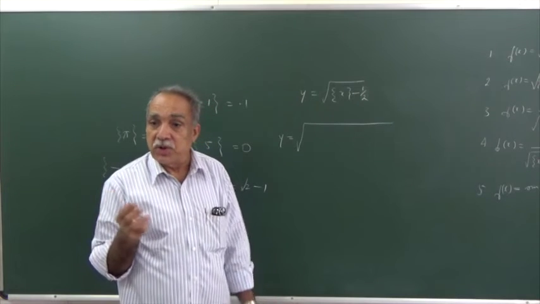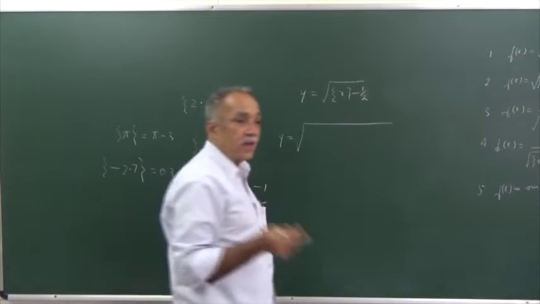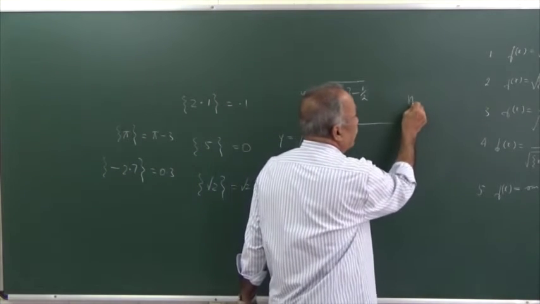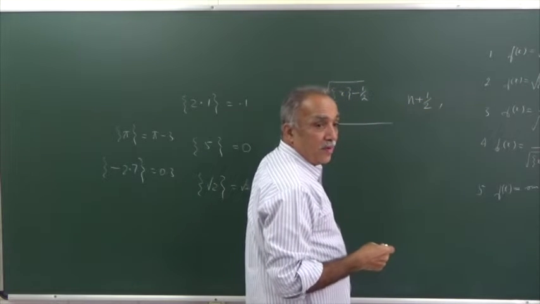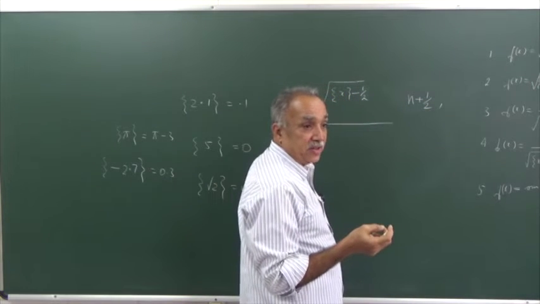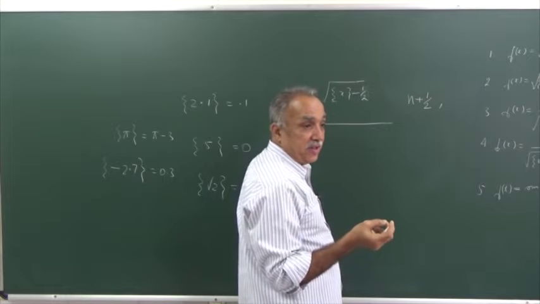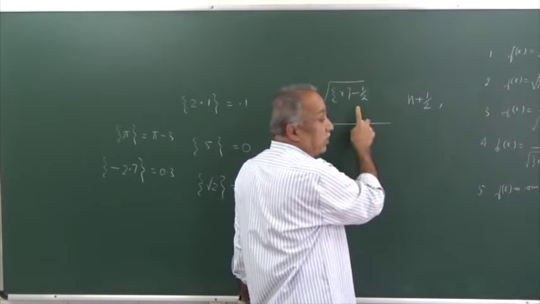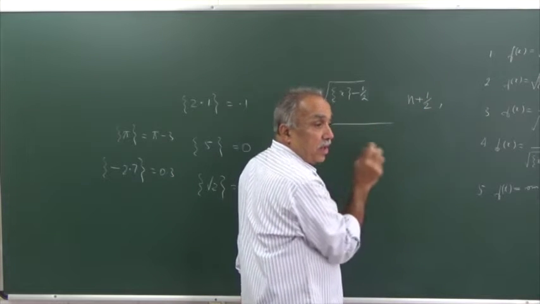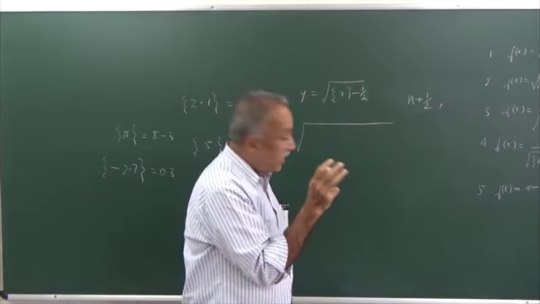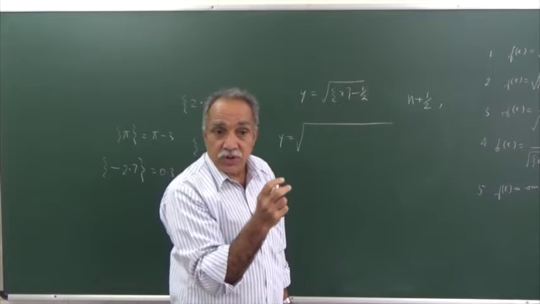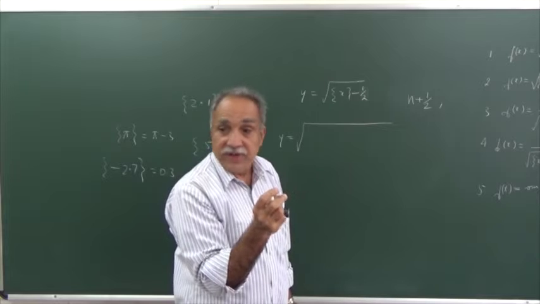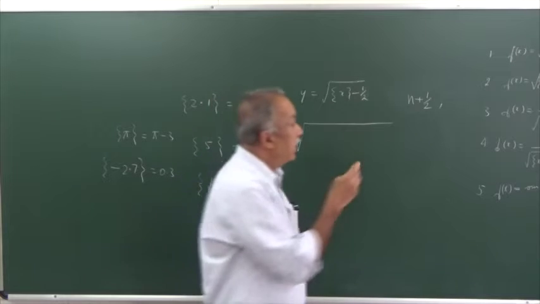Likewise, there are many more points. When n is an integer, arbitrary integer, n plus half: now the fractional part will be half. Am I right? Yes. Fractional part will be half. Fractional part minus half will be 0. Square root will be obtainable, well defined as a real number.